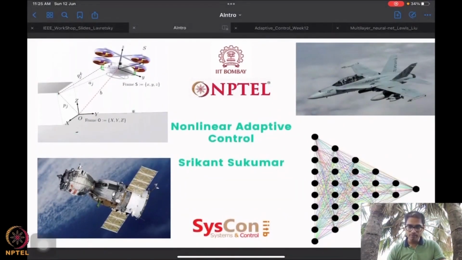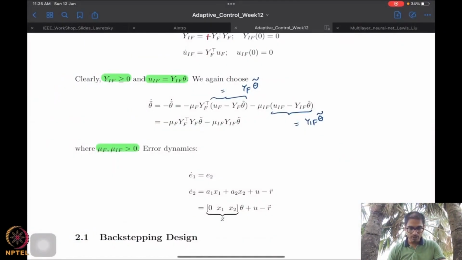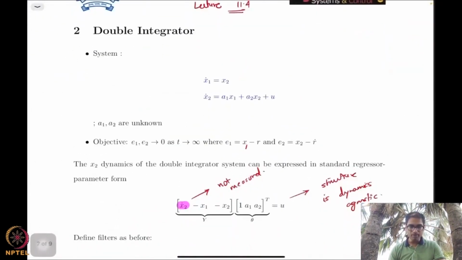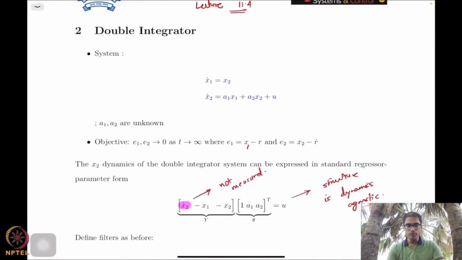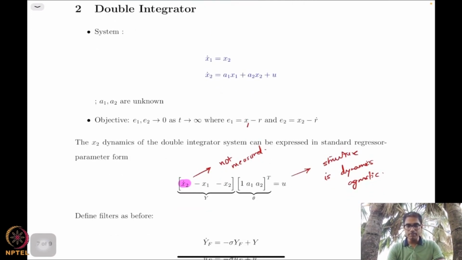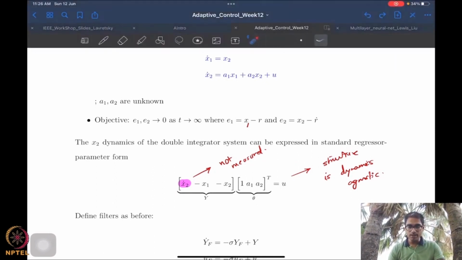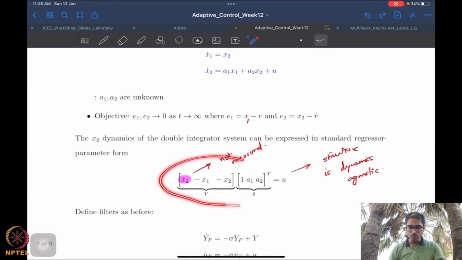Now, in this double integrator type system, what we were starting to emphasize is that the construction of your adaptive law does not get impacted significantly. The reason for this is that this regressor parameter structure that we use in order to design our update law is agnostic to the dynamics of the system.